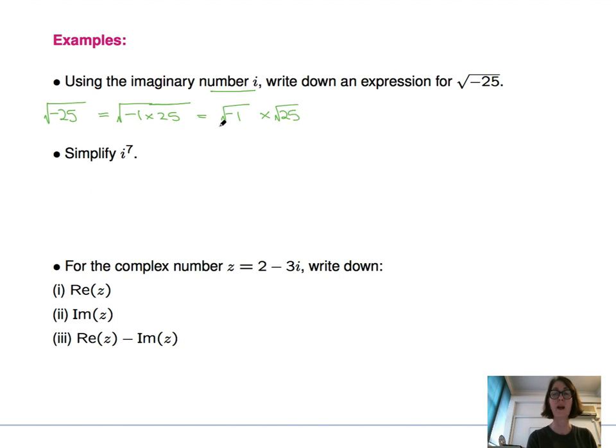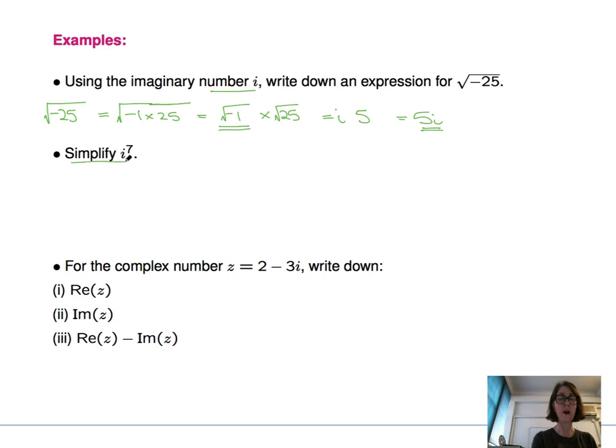We know what the square root of minus 1 is, that was the definition of i, and the square root of 25 is just 5. So the answer is 5i. I've swapped the order of the 5 and the i, but it doesn't matter which way you write it. This is the standard way to write the imaginary part of a complex number.